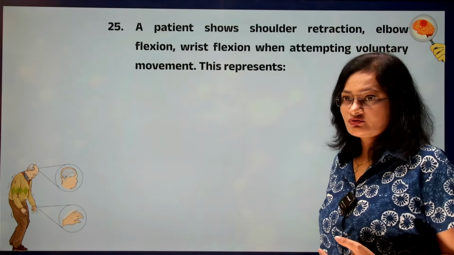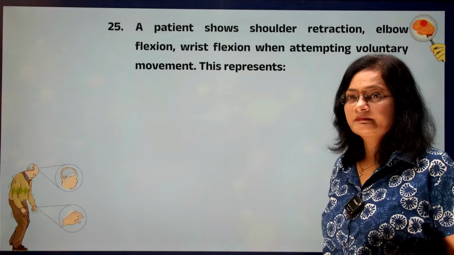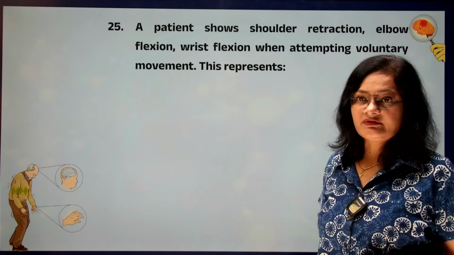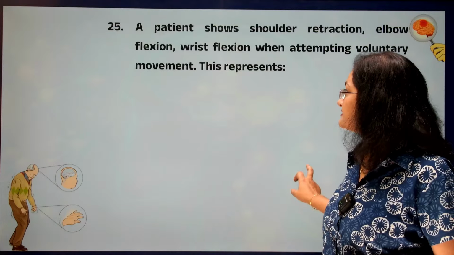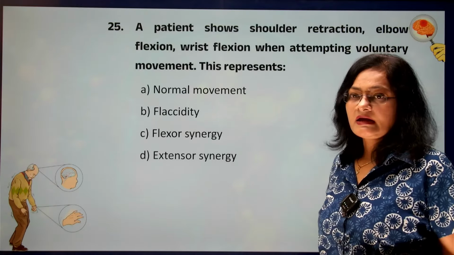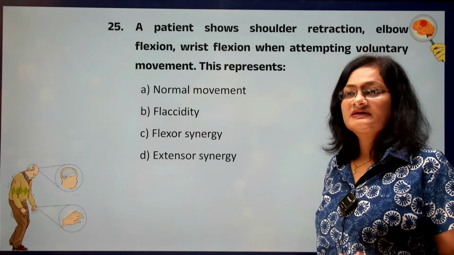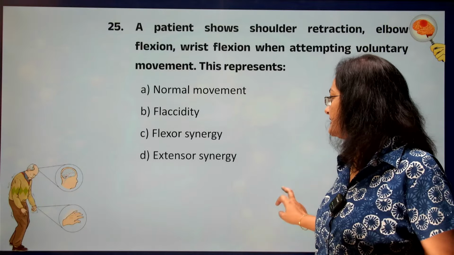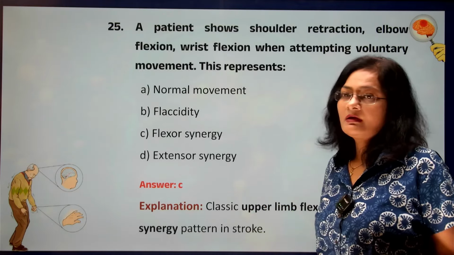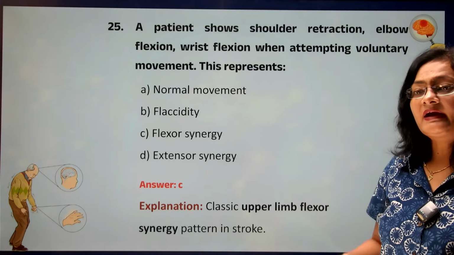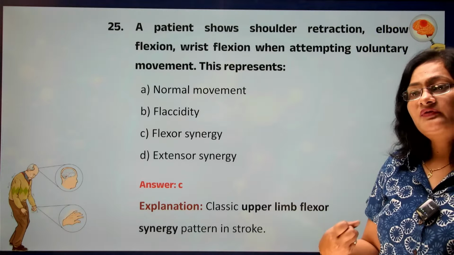A patient shows sudden elbow flexion and wrist flexion when attempting voluntary movement. This represents A, normal movement, B, flaccidity, C, flexor synergy, and D, extensor synergy. So here you need to understand that shoulder is retracted, elbow is flexed, and wrist flexed.